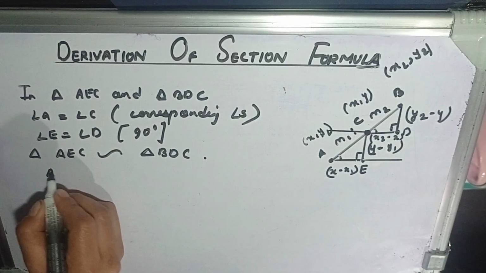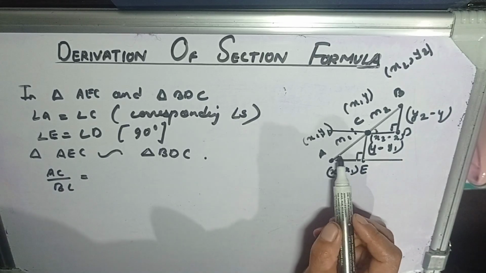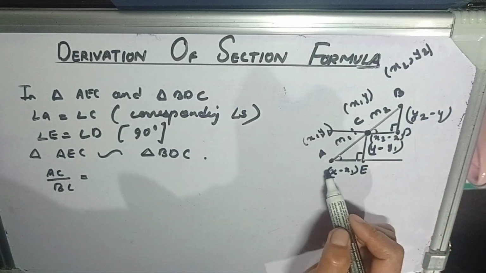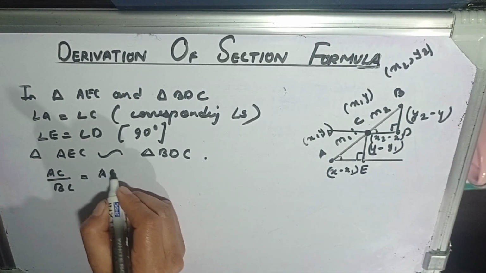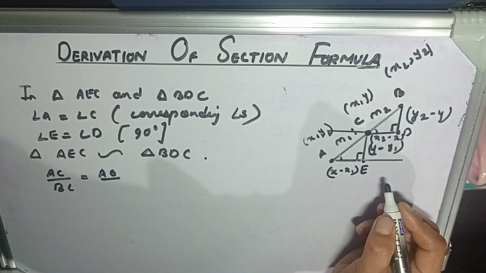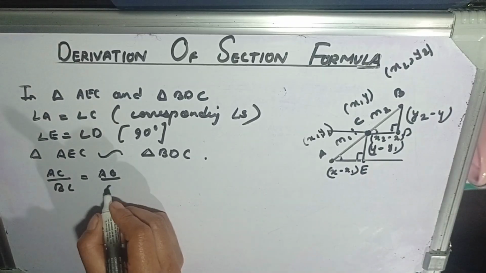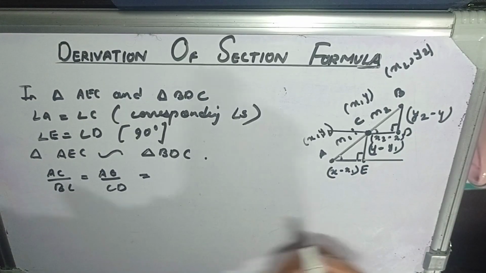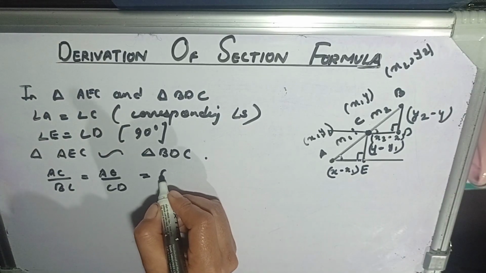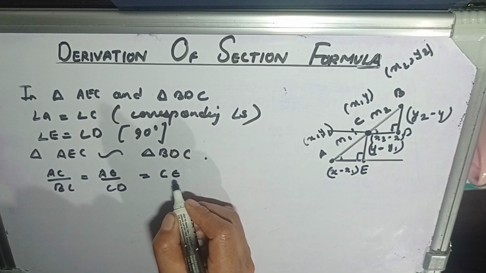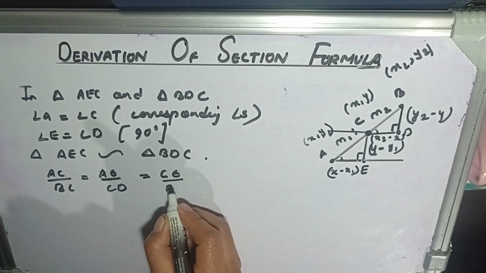Now AC divided by BC, because AC is the hypotenuse, this is the base, and this is the perpendicular. AE divided by CD, CD equals, now perpendicular, that is CE divided by BD.